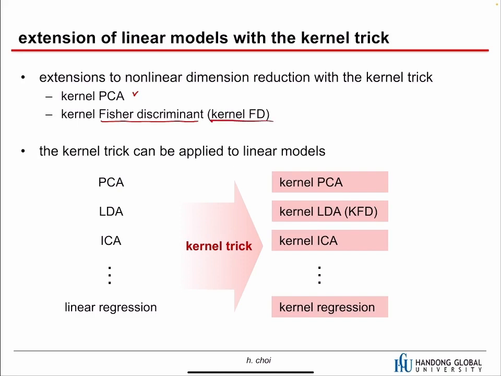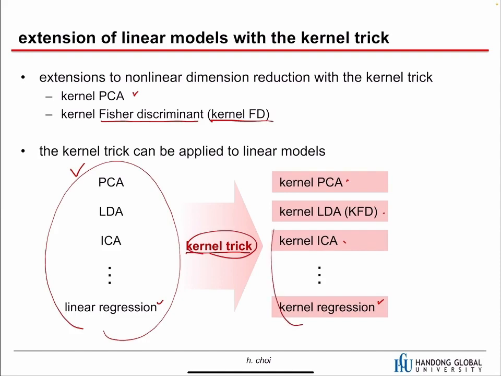Likewise, we can extend all these linear methods based on the kernel trick: kernel PCA, kernel LDA, and kernel ICA. We didn't talk about linear regression, which will be covered in the next chapter, and this can be extended to kernel regression too. So basically, we have a linear method and a kernel trick, and we can think of these kernel somethings.